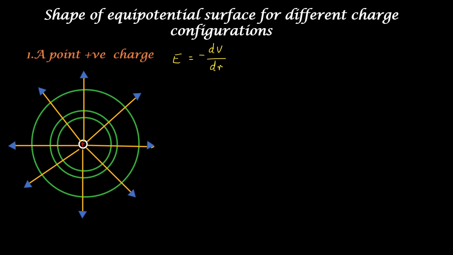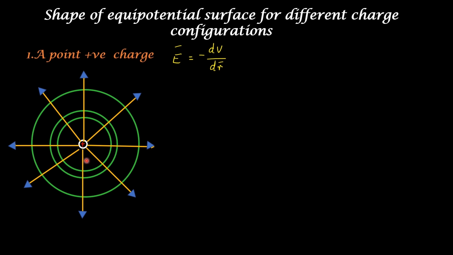You can also note that when electric field decreases, electric potential also decreases because you find dV is directly proportional to electric field. So we can surmise that when electric field is weak, the equipotential surfaces will be spaced apart, and where the electric field is strong, the equipotential surfaces will be spaced close together.